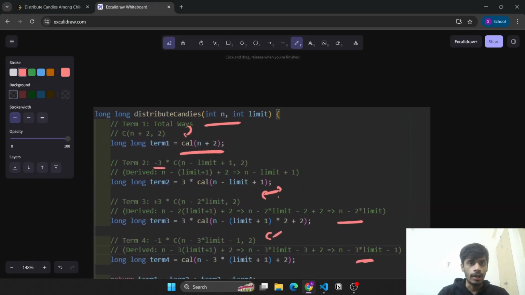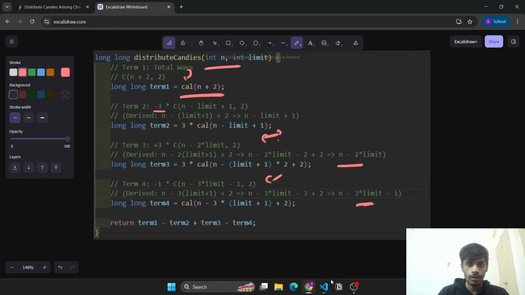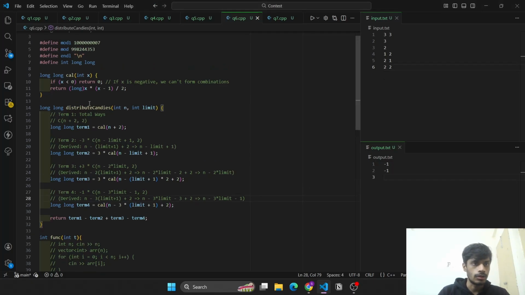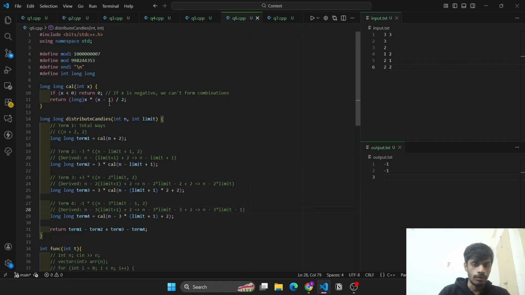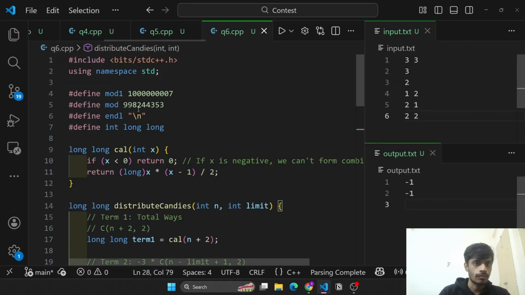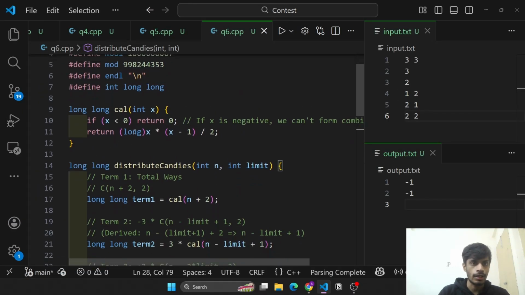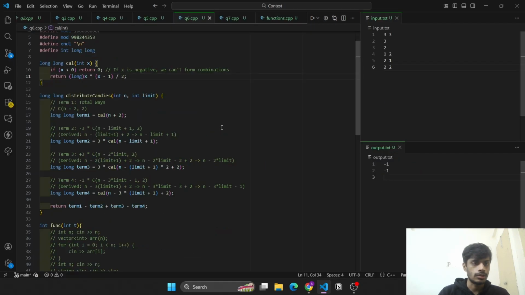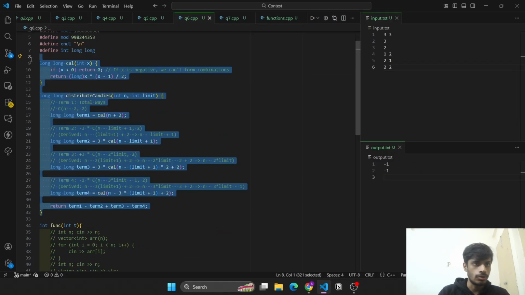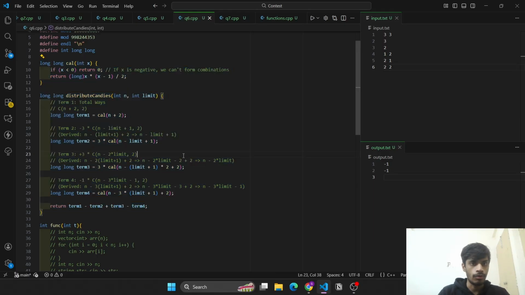And the cal function here is the long cal, where we'll call for x, and if x is less than 0, we'll simply return 0, or we'll return x into x minus 1 by 2. So let's try to submit this code and see how well it performs.